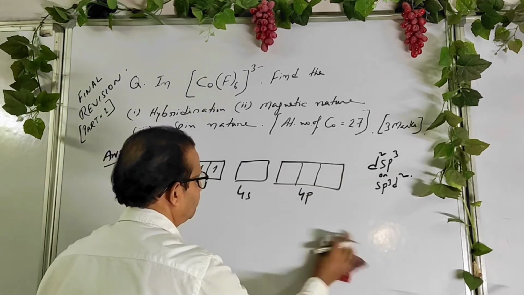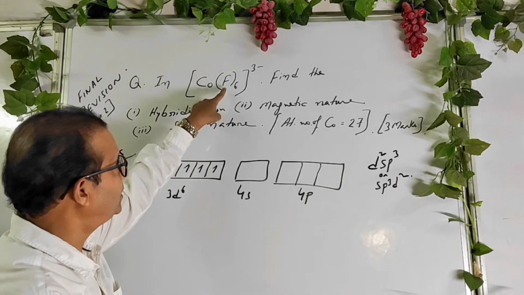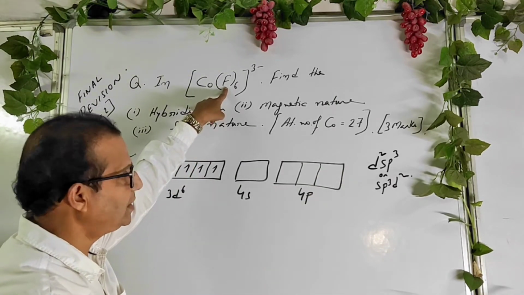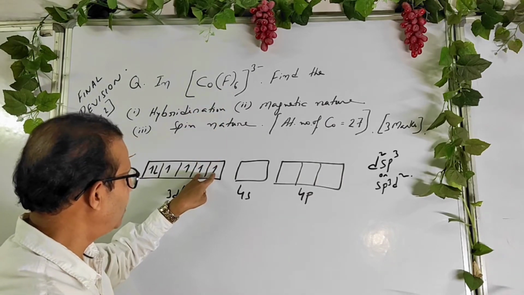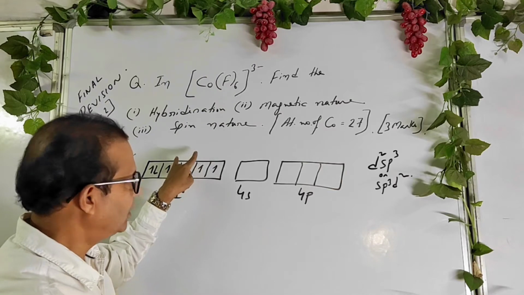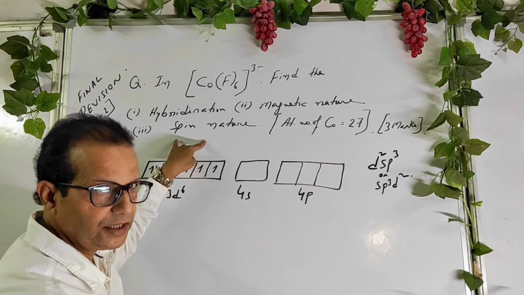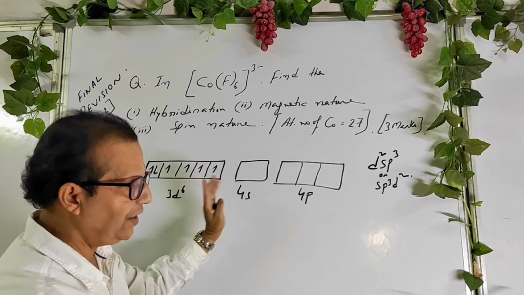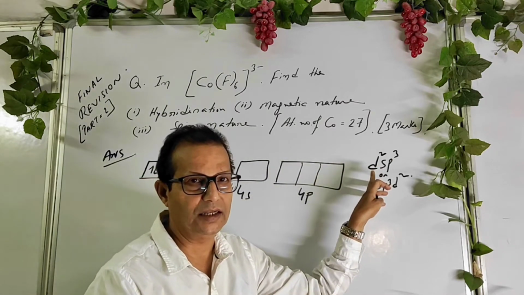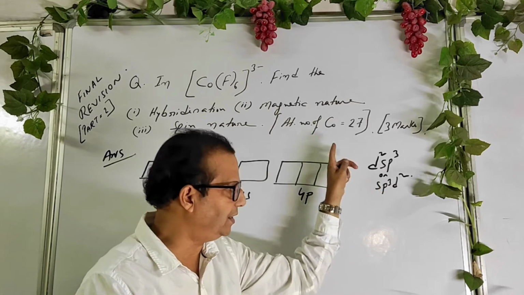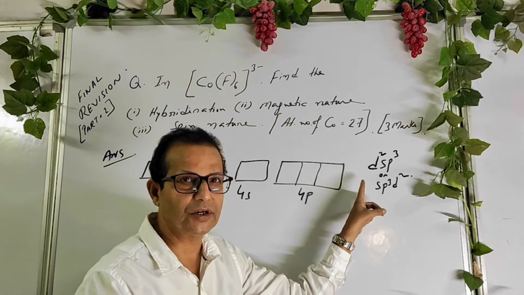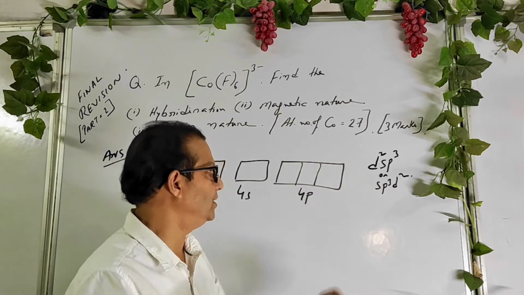Next step, see the ligand. If the ligand is a weak field ligand, it cannot vacate the d orbital, because the valence bond theory rule is that the hybrid orbitals which are taking part in bond formation should be completely vacant.